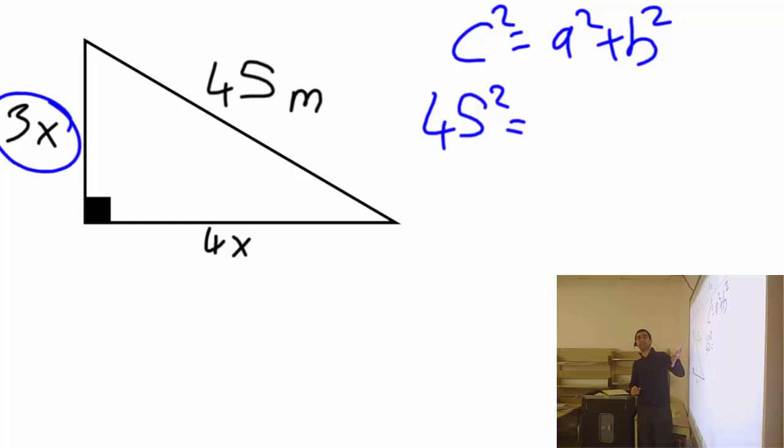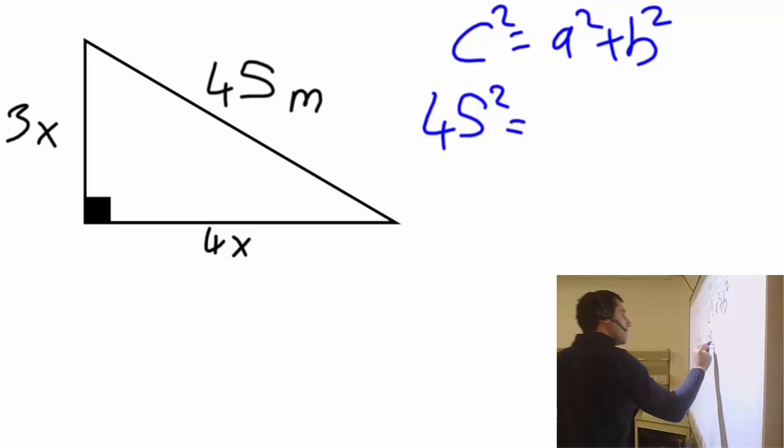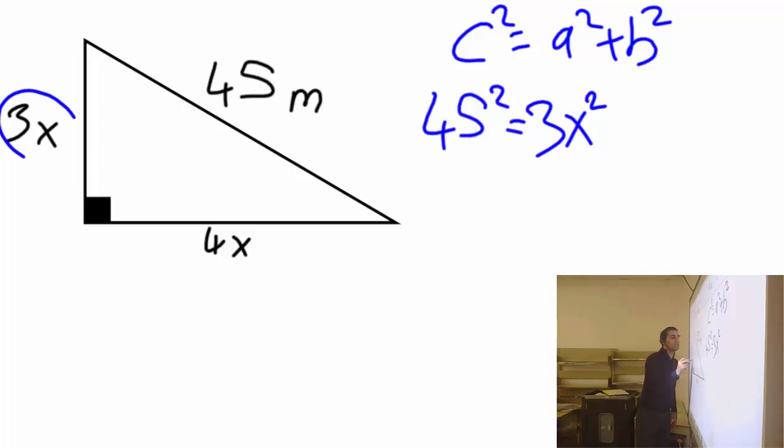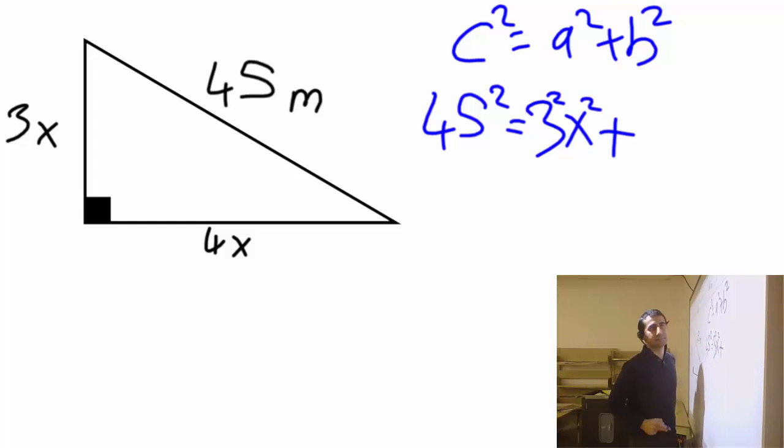Together everything is A. So instead of A, I'm gonna write down 3X, but I need the square for the A. So if you do X square, that's not complete A. Complete A is 3X. So you have to square both of them. Plus B is 4X. Let's write down 4X.